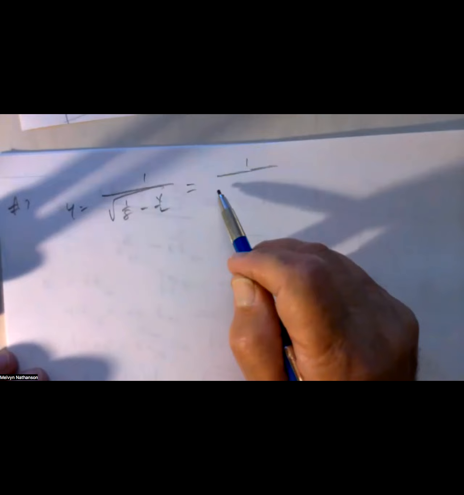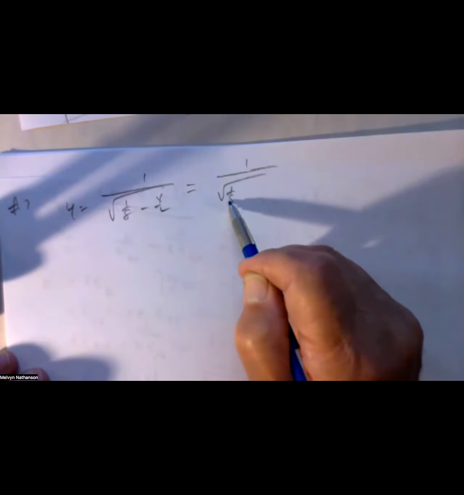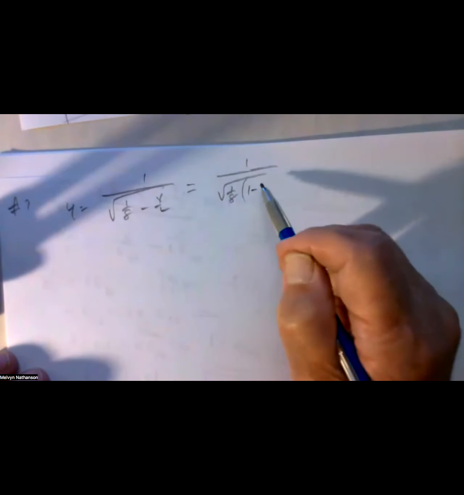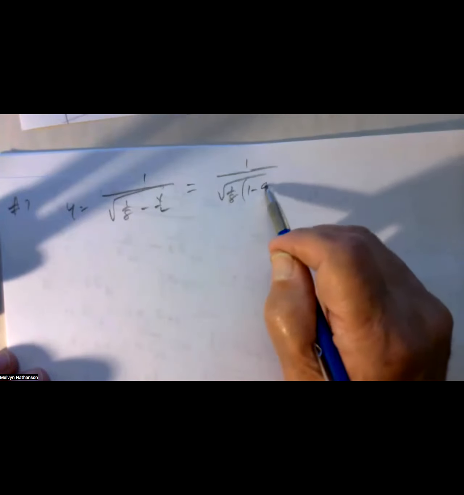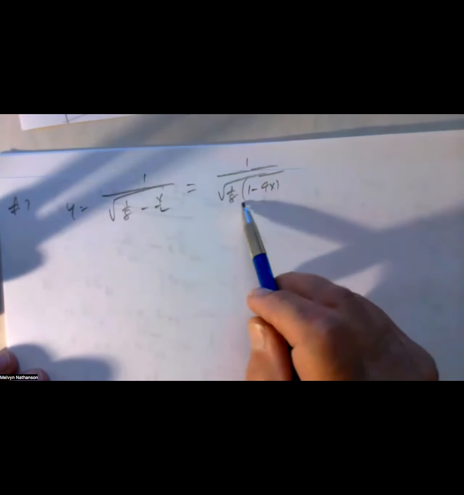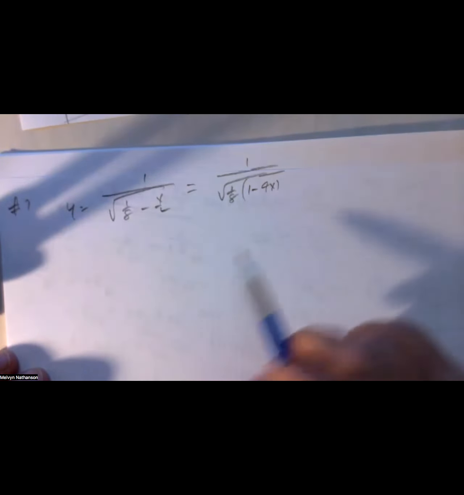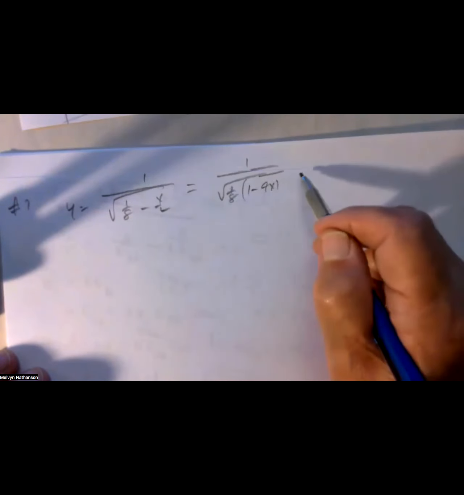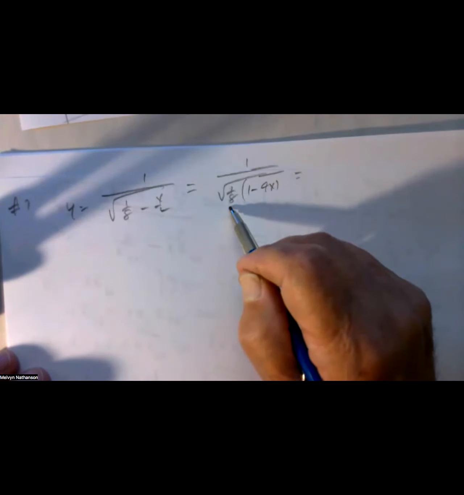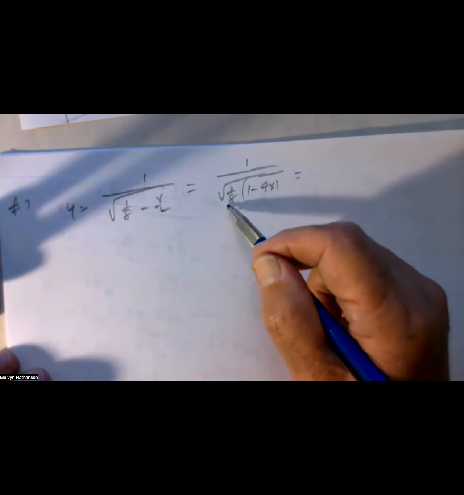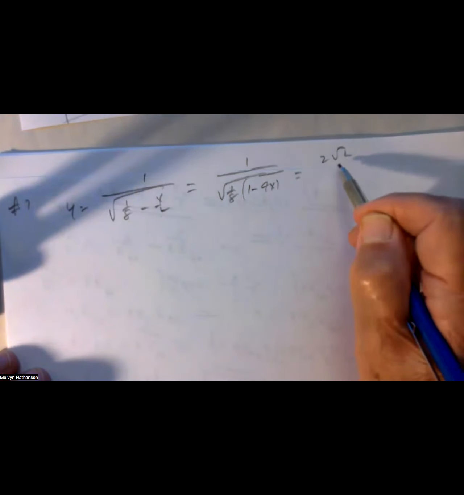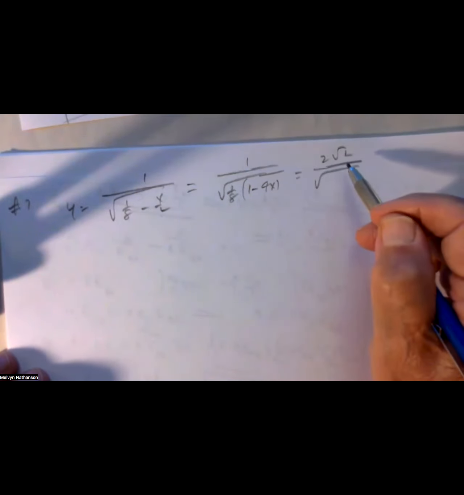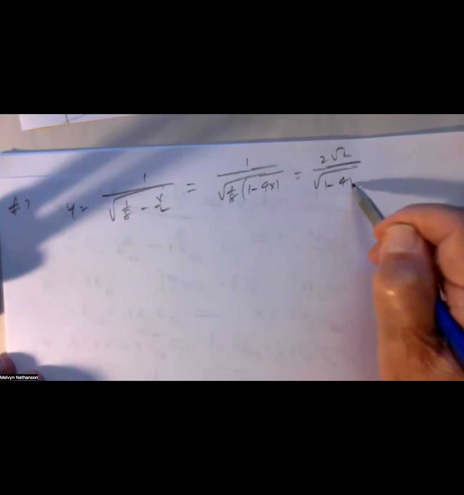So this is 1 over the square root of an eighth times 1 minus 4x, right? Because 4 over 8 is 1/2. And 1 over root 1/8 is the reciprocal, this is 1 over 2 root 2. I get 2 root 2 over the square root of 1 minus 4x.